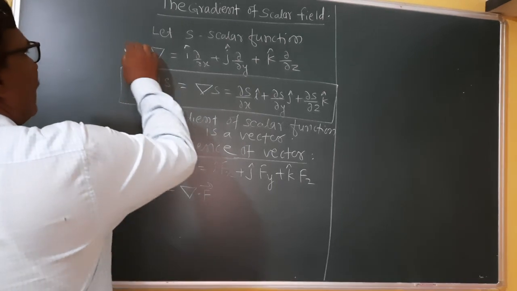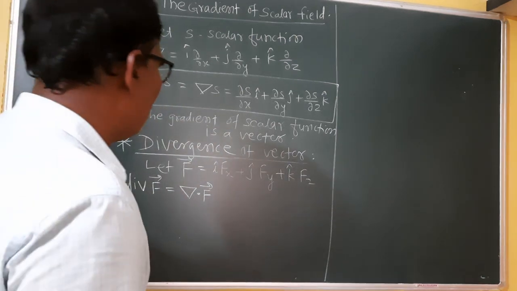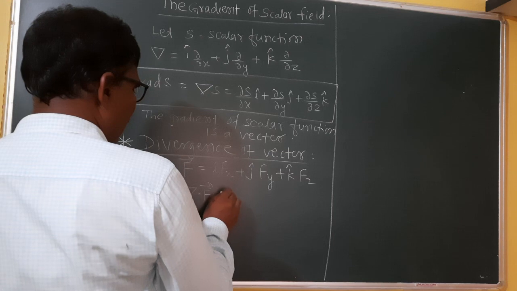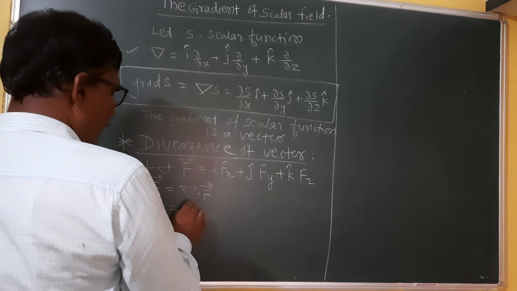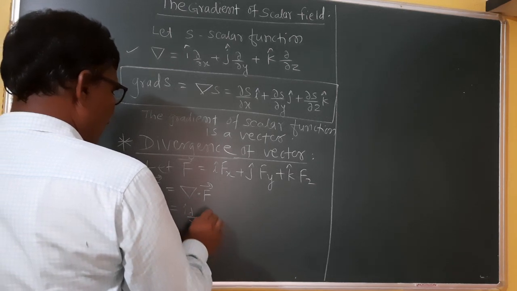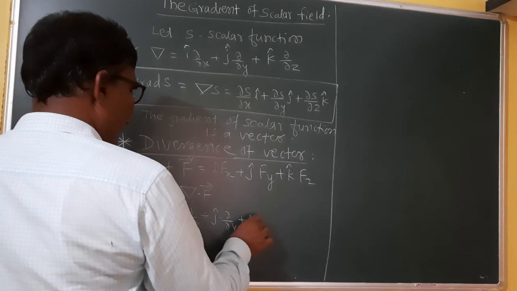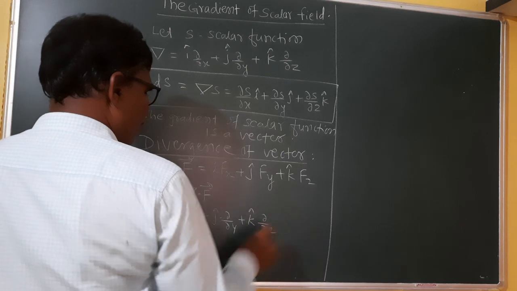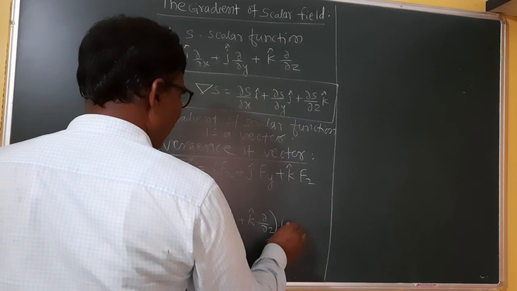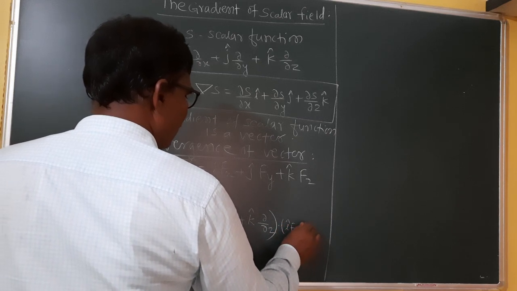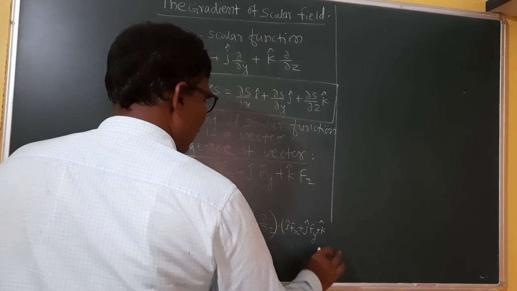Del is i into dou by dou x plus j into dou by dou y plus k into dou by dou z, and we take the dot product with i cap into fx plus j cap into fy plus k cap into fz.